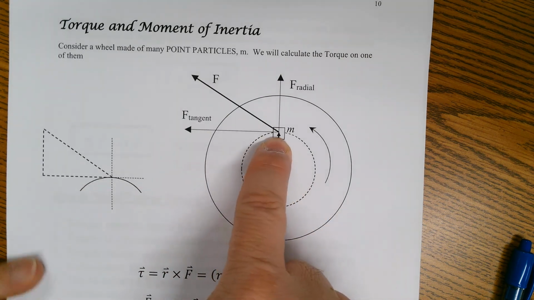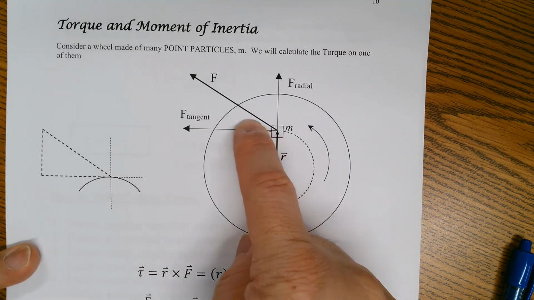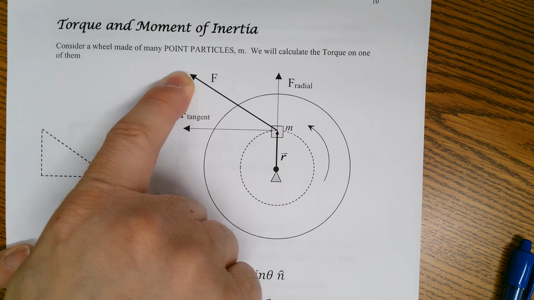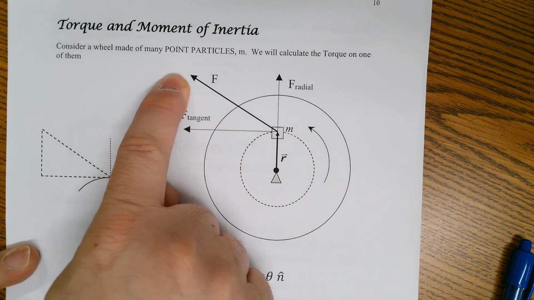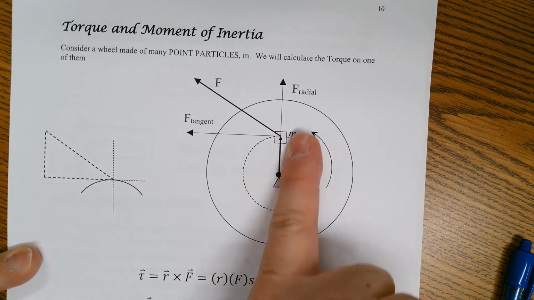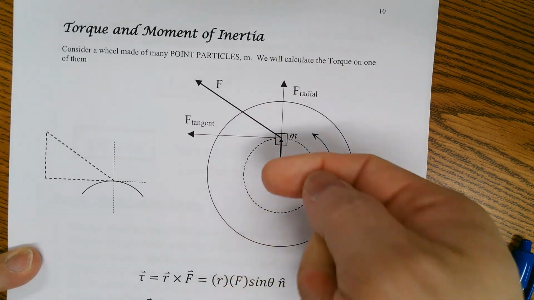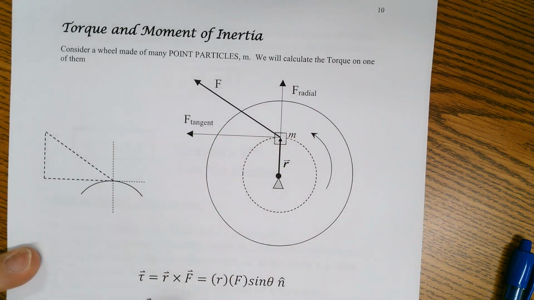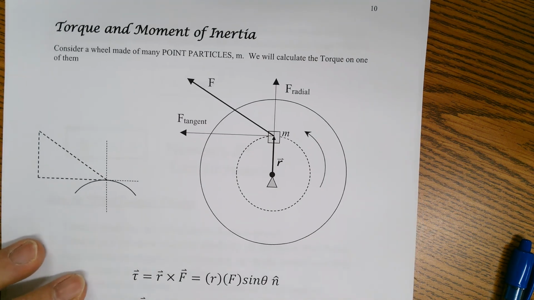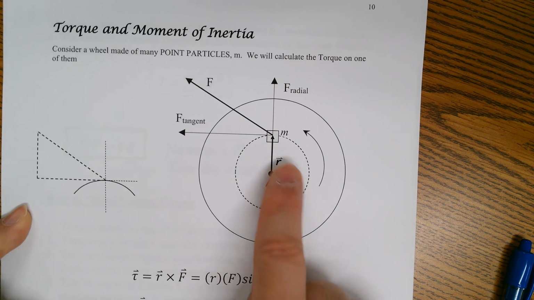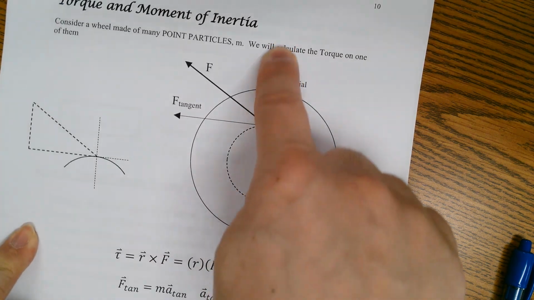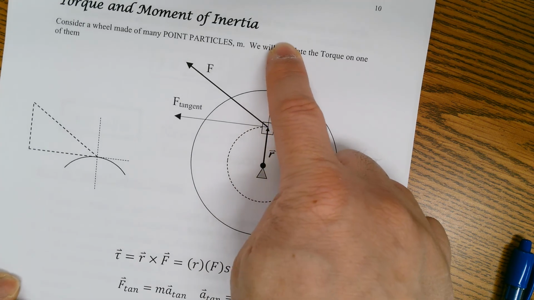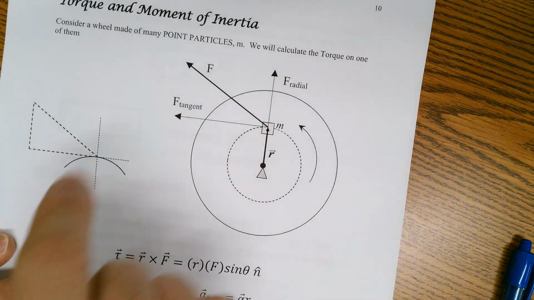So here, if I apply a force in this direction, I can break this force up into its radial component as well as its tangential component. That means F radial will not make any contribution to rotation.